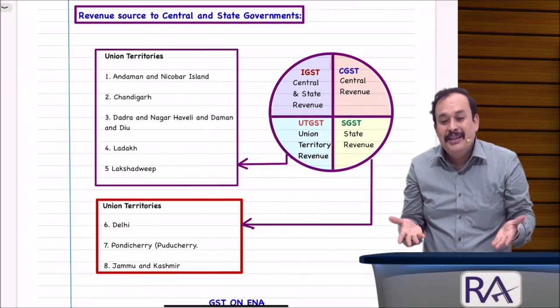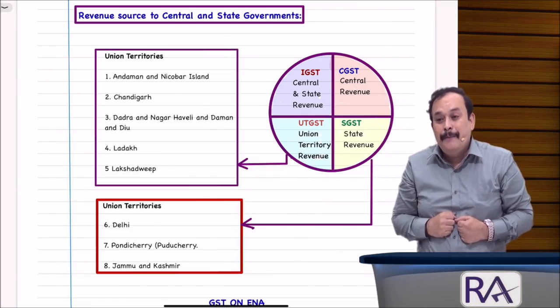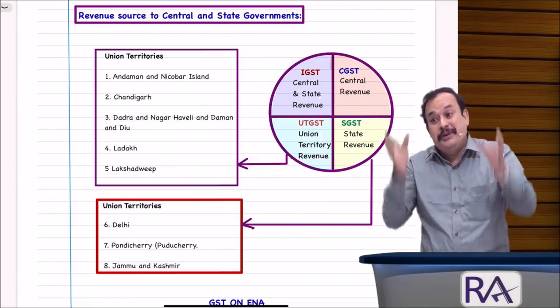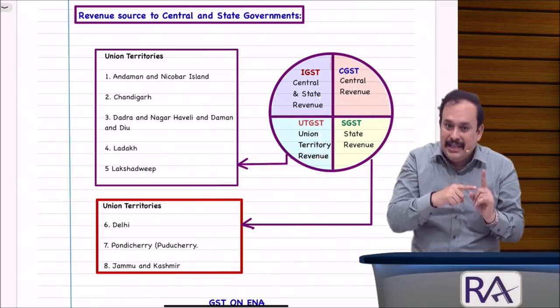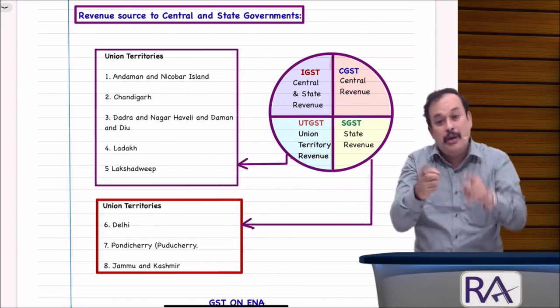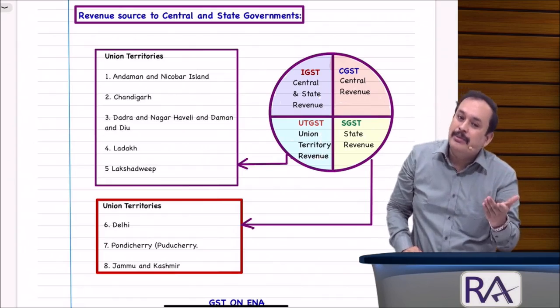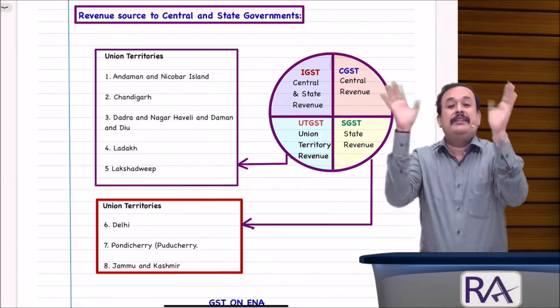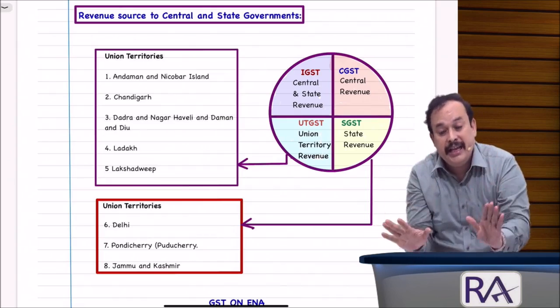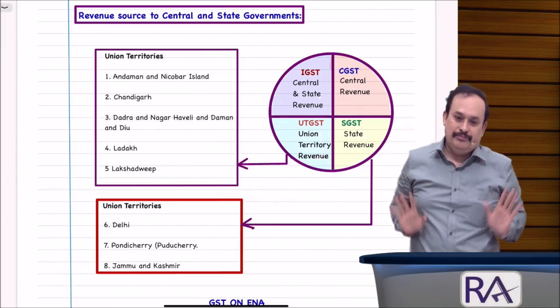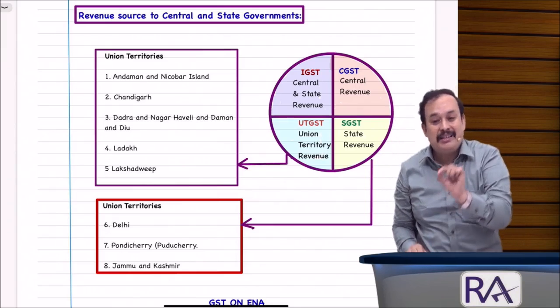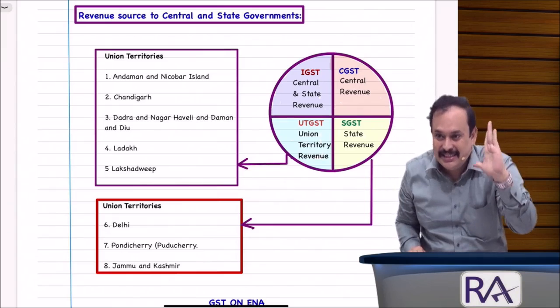Even among union territories, New Delhi, namely Delhi, has a State Assembly. Pondicherry has a State Assembly. Wherever a State Assembly is there, SGST applies for intrastate supply along with CGST.